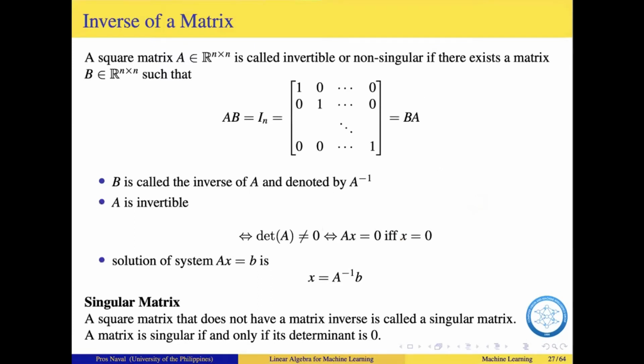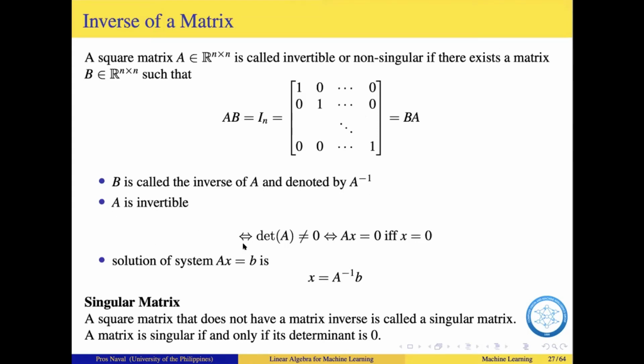Inverse of a matrix. A square matrix is called invertible or non-singular if there exists a matrix B, also square, such that the product results in an identity matrix. B is called the inverse of A and is denoted by A inverse.